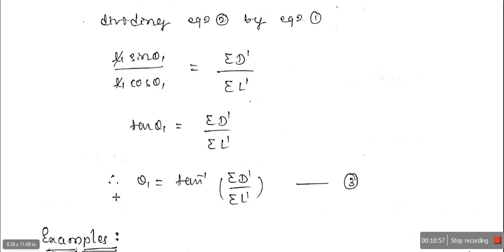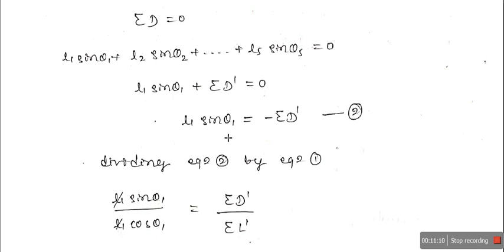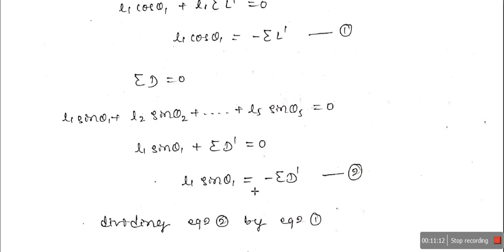Simplify this one, we will get theta 1 is equal to tan inverse of summation of D dash divided by summation of L dash. If you get theta 1, then you can use theta 1 in either equation 1 or equation 2, fill in all the respective values, that is theta 1 and summation of D dash or summation of L dash, and we will get the length of the first line, that is L1. Okay, you can use any equation.